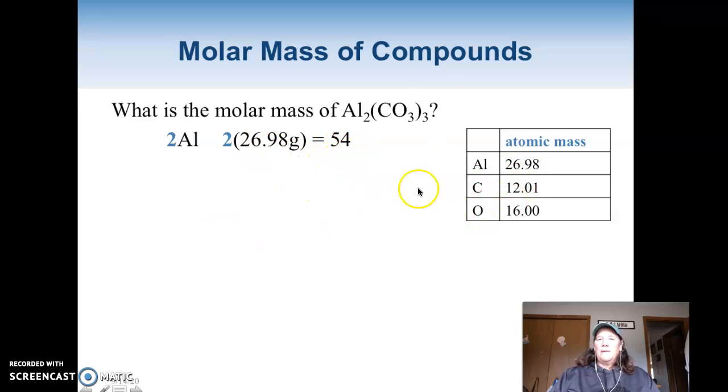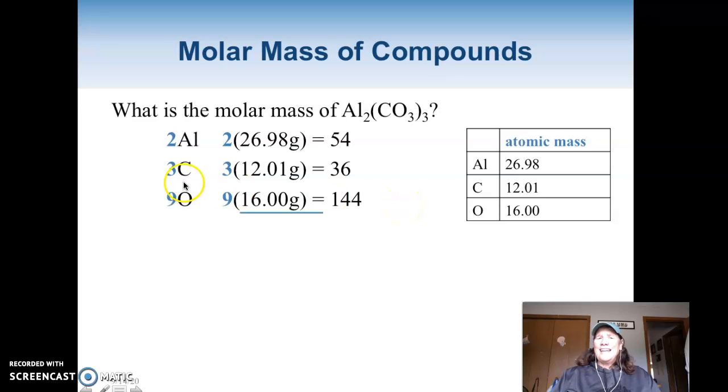This is from the book, so it's exact, but don't worry about it, you guys. We're just rounding. It's fine. Carbon, 3 carbon at 12, so that's 36. Oxygen, 9, because we've got 3 times 3. 9 times 16 is 144. So I've got the individuals and then I just add them up. So I get 234.